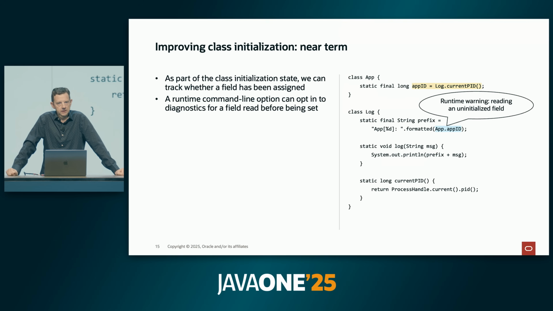And if the field hasn't been initialized yet, there's some sort of runtime warning. So a diagnostic that you can request the VM to print or to log with JFR or however you want to view those diagnostics. That will help you see in your program when these things get triggered.